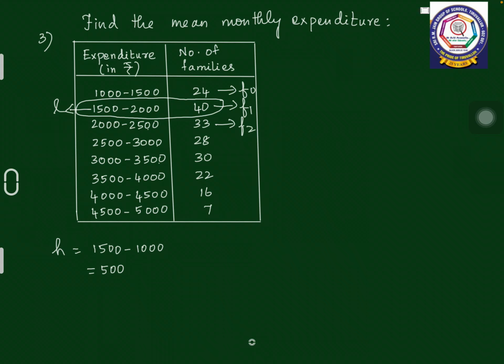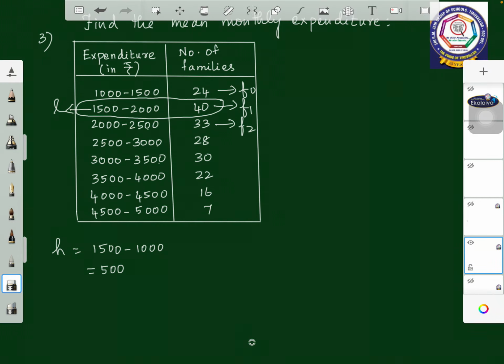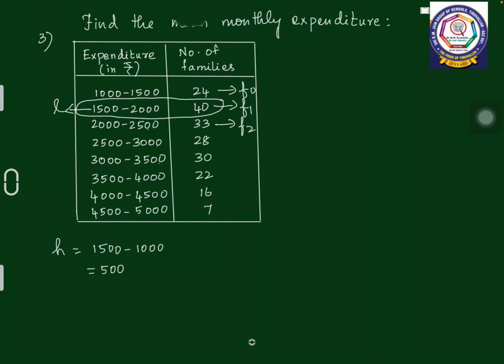Suppose the first number is the highest frequency, then nothing precedes it, so F0 will be 0. Suppose the last number is the highest frequency, then nothing succeeds it, so F2 will be 0.